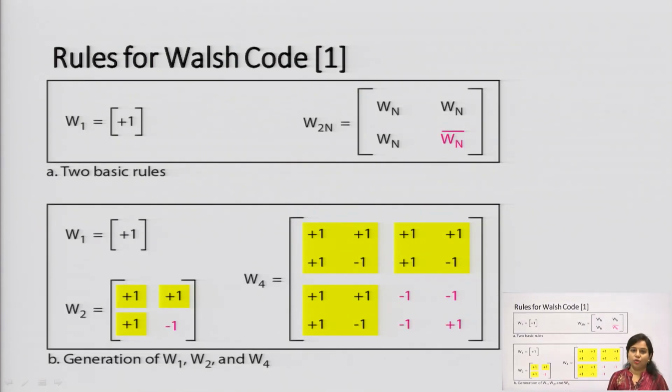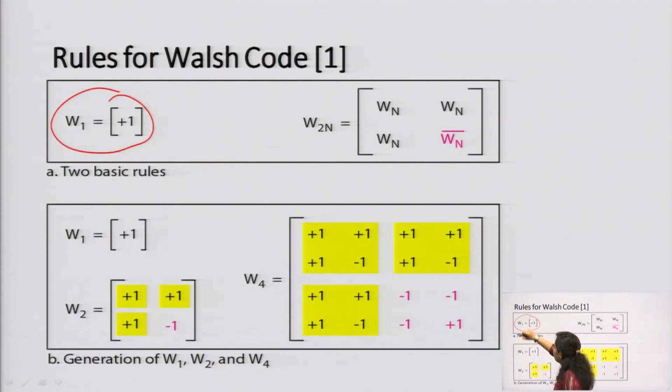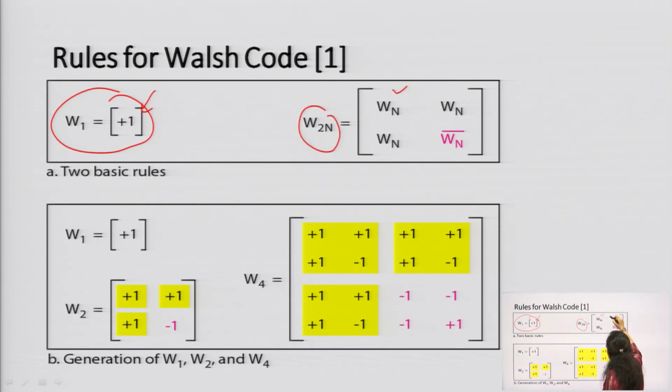Now, I was talking about the Walsh table or the Walsh code, and how it will be generated. There are certain rules when you are considering this Walsh code. There are two basic rules. The first rule is that W1 is denoted by plus 1, and W2n is made of W1, W1, W1 and W1 bar, which means the inverse of the values taken for W1.